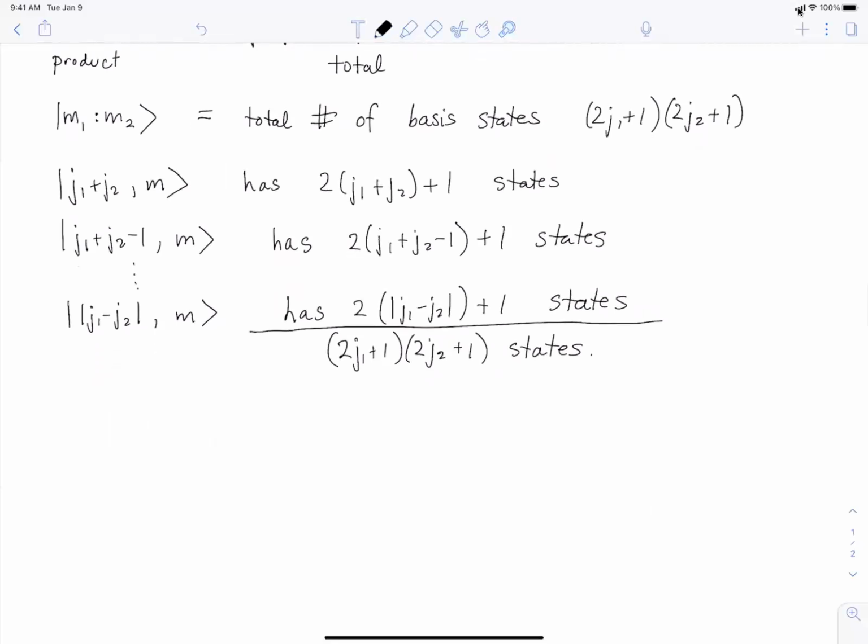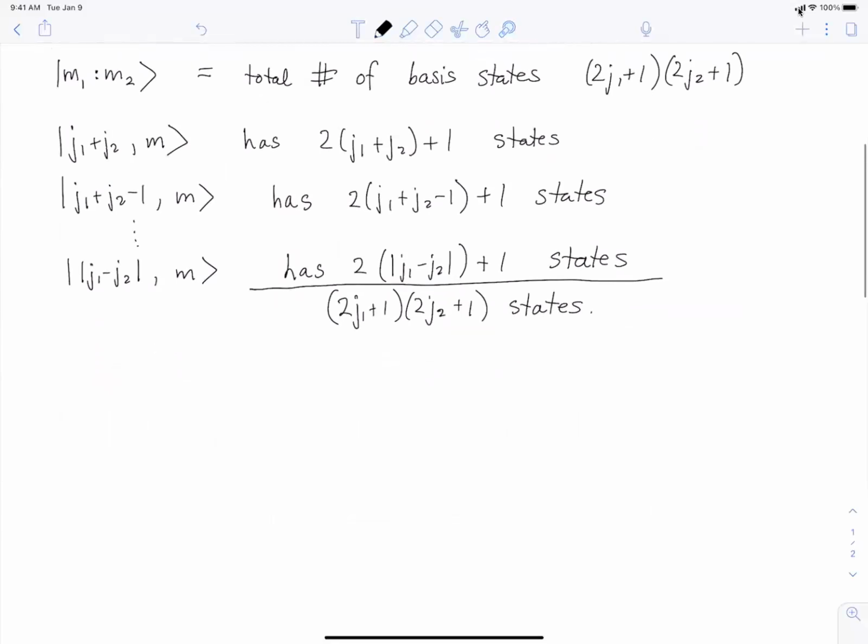Okay, so last time we had noticed the fact that completeness usually tells you something interesting.